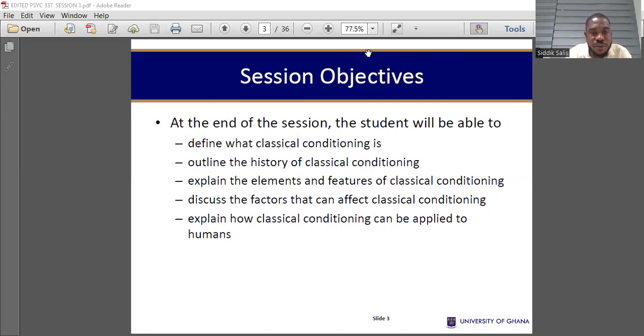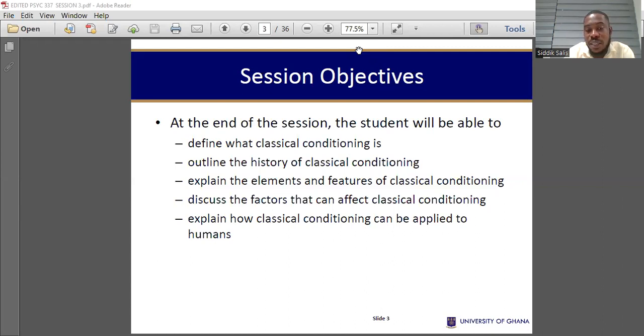So we're looking at the definition of classical conditioning. We'll be able to outline the history of classical conditioning. What was the history behind it? The elements and features of classical conditioning: when we say classical conditioning, how would you identify that this particular learned phenomenon is classical conditioning?